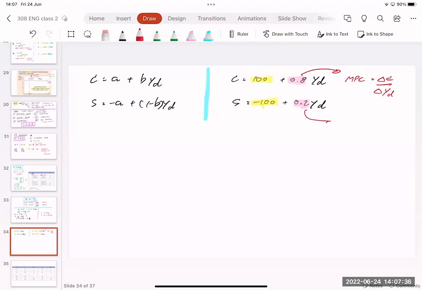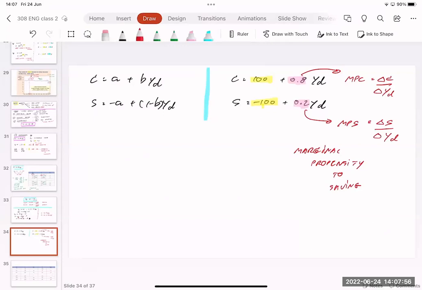How about 0.2? 0.2 is MPS, marginal propensity to save. When your income increases 100%, you're going to save 20% more.